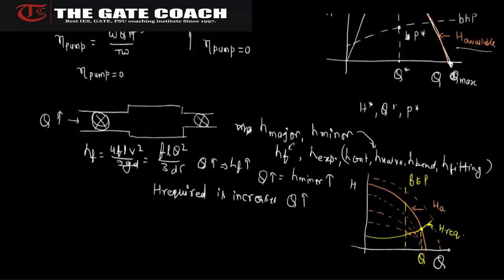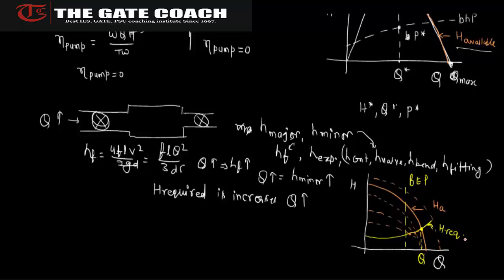So I think in this topic it is clear what the performance curves are. The performance curves are the head, and power with respect to the discharge, and these curves provide information on at which point the pump will perform best.